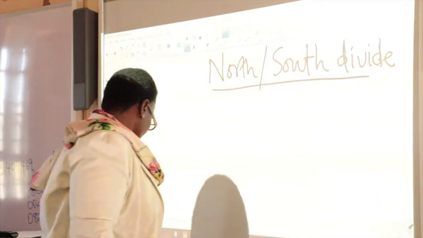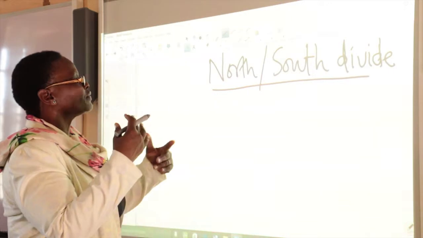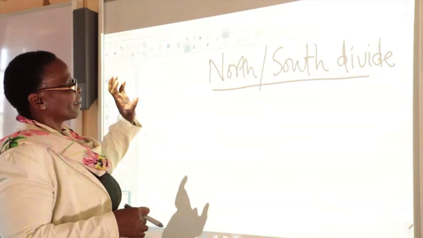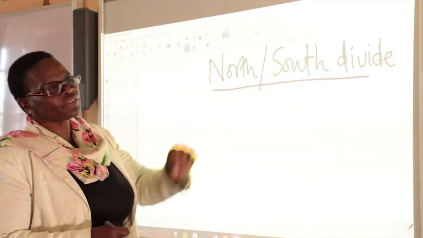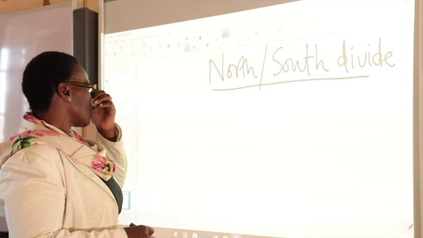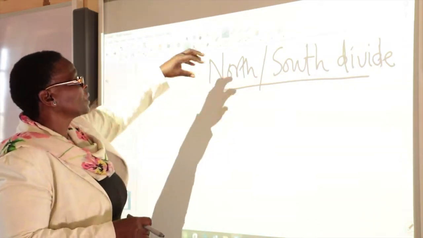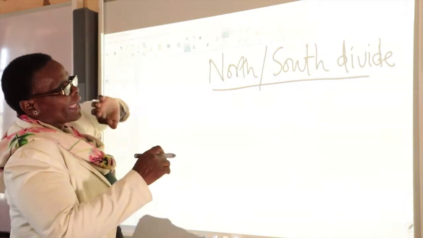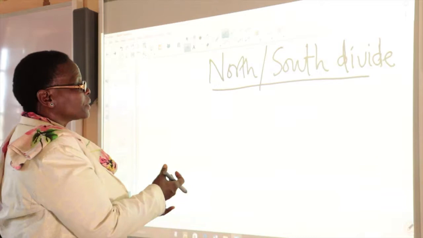Now, the North and South divide shows us the differences between the developed countries and the developing countries. Why North-South divide? Because initially the developed countries were situated in the north, and the developing countries were geographically situated in the south.